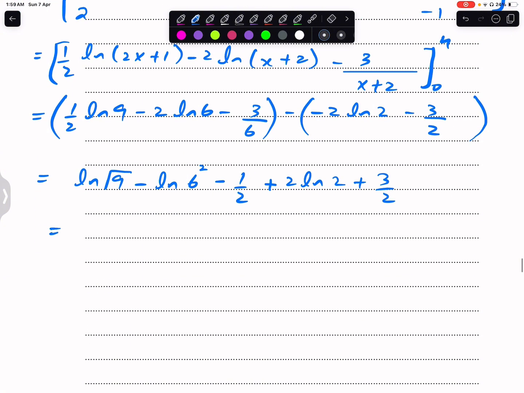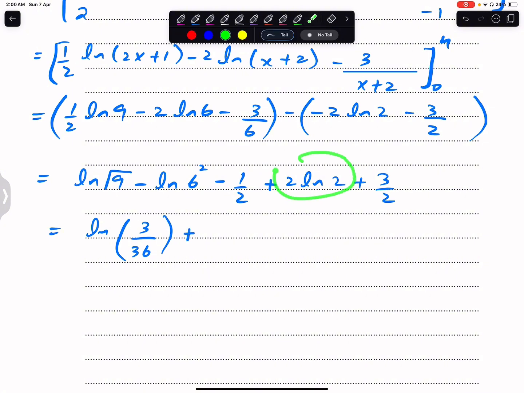Now combine the first two lns, so ln of square root 9 is 3 over 6 square is 36, plus write that log as ln 4 by putting 2 in the power. So ln of 2 square is 4 plus 3 by 2 minus 1 over 2.